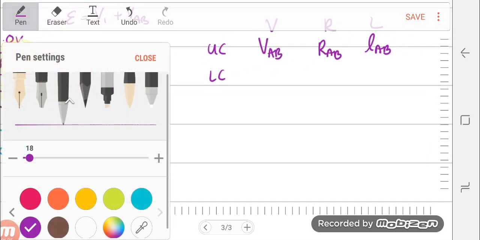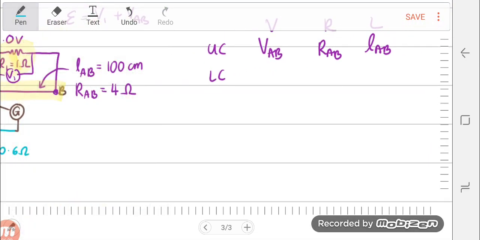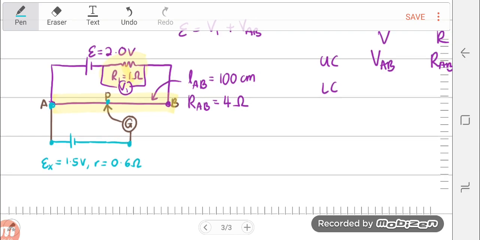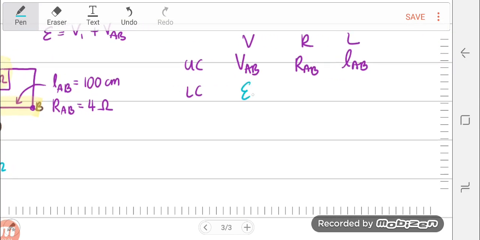This is EMF X. Whatever potential difference we have from one point to the other is equivalent, because there is no complete circuit with current passing through the blue circuit. So we just write EMF X. We still have no external resistance, and L is LAP.